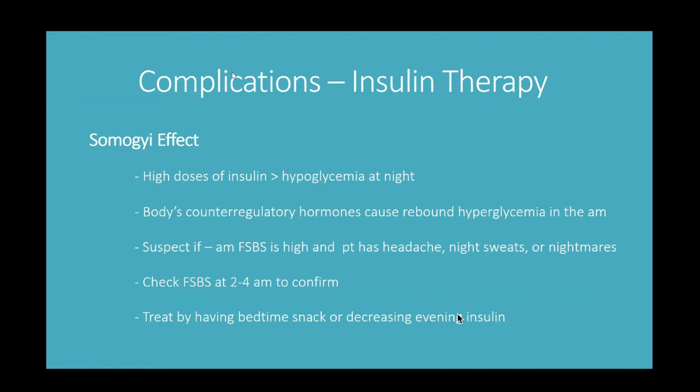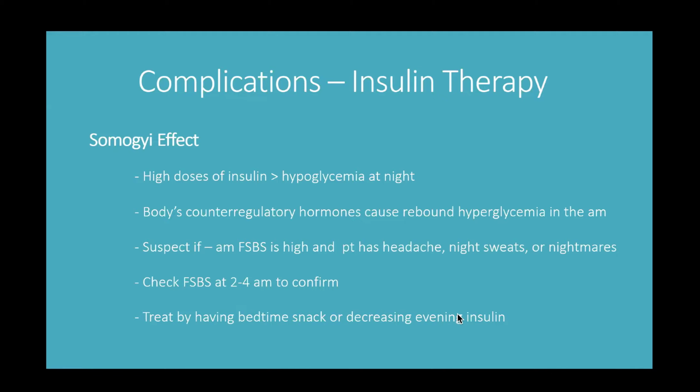Okay, so let's talk a little bit about some complications specific to insulin therapy. The Somogyi effect is where they get a high dose of insulin before bed. Based on their dinner time blood sugar and what they're going to eat, they give themselves insulin. Well, that's also typically when they're going to take their 24-hour insulin.